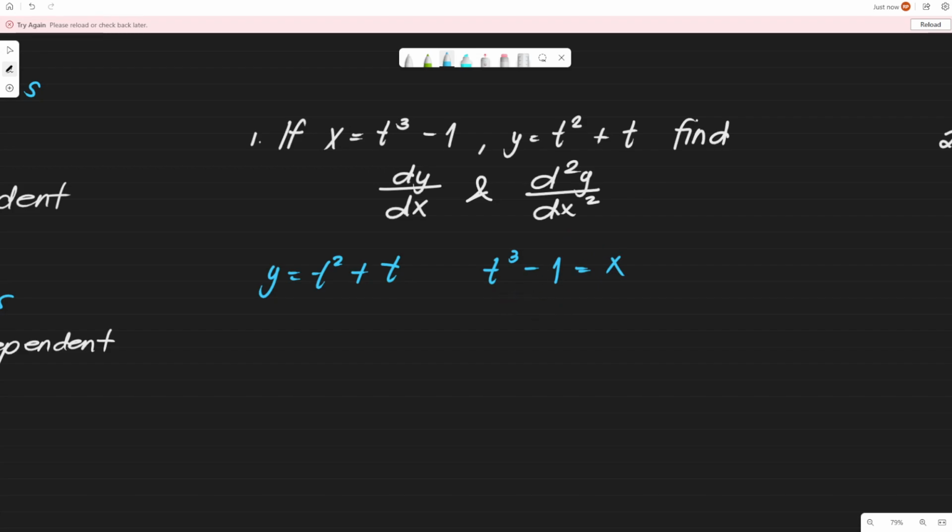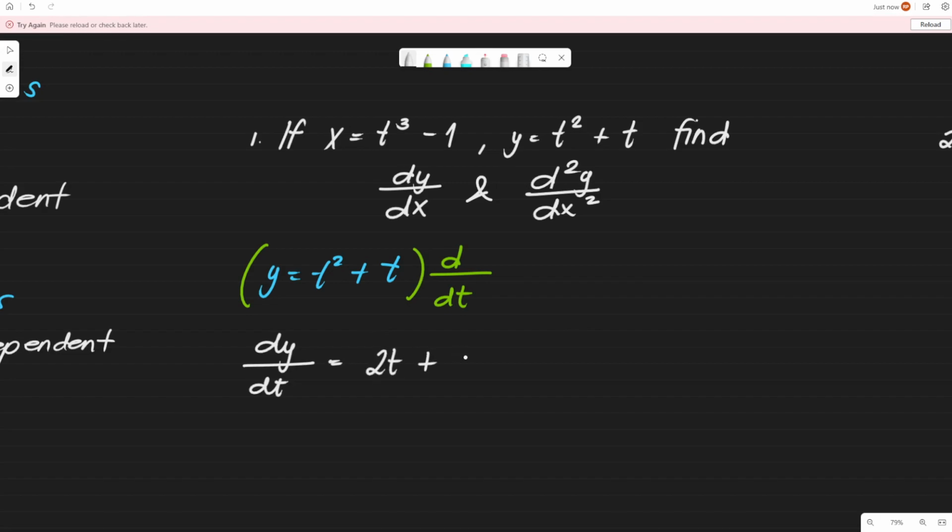What you are going to do is differentiate, getting the derivative of both parametric equations separately. So this will be dy over dt, and same for the other one, dx over dt. The derivative of t squared plus t in terms of t is 2t plus 1.